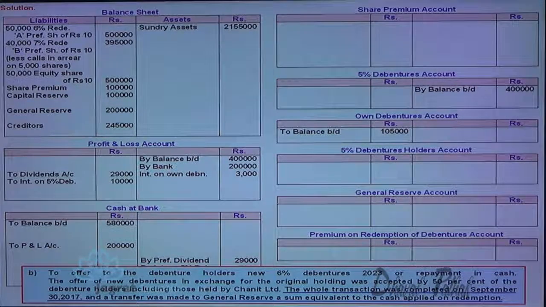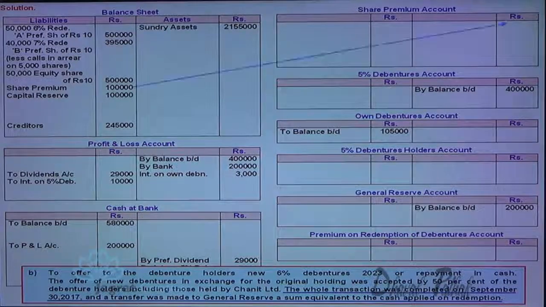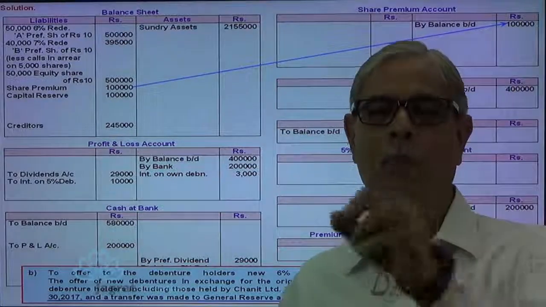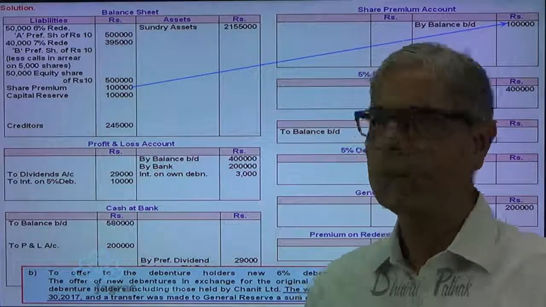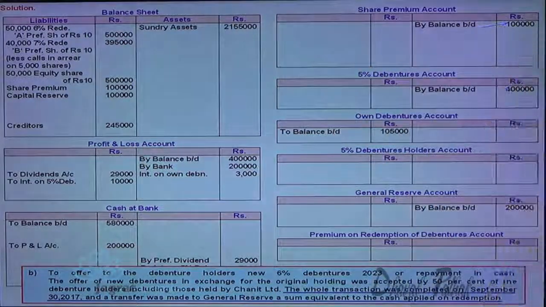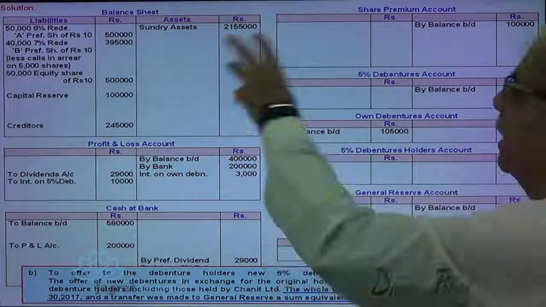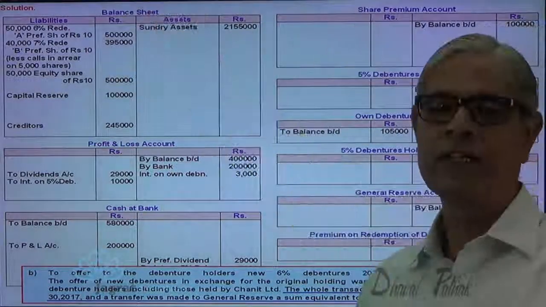Now, general reserve, because a new transfer will be made to general reserve. Over and above, share premium, because debenture redemption premium is going to be written off against security premium, share premium. So share premium balance is recorded. So all the balances that I have transferred are removed from the original balance sheet.